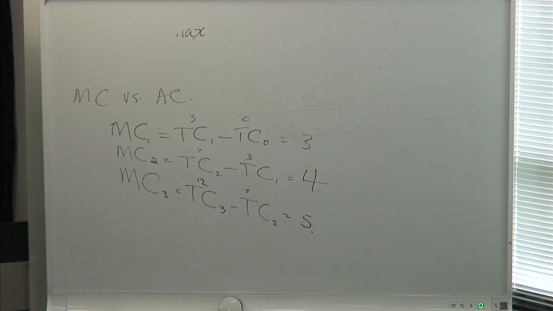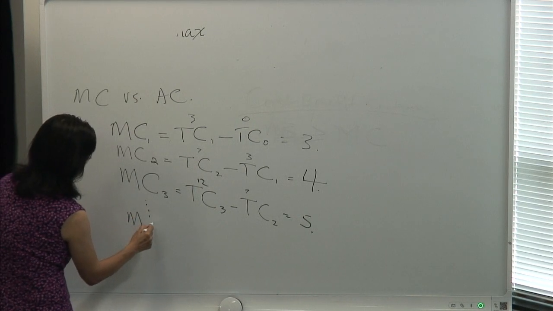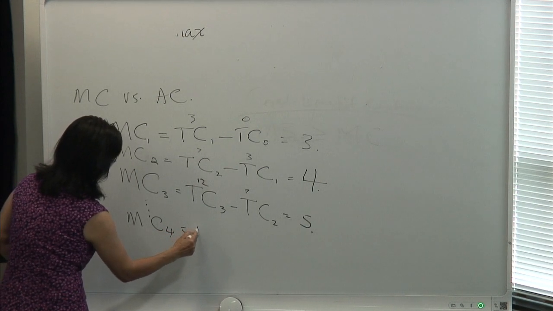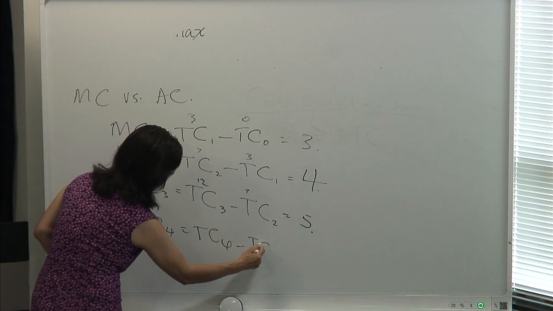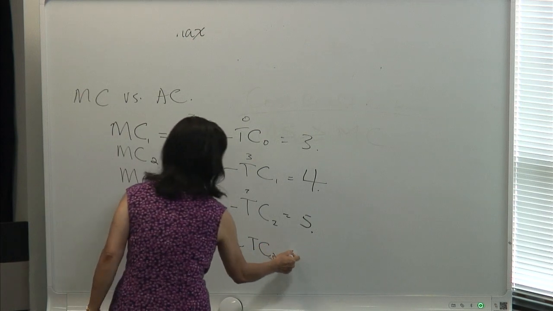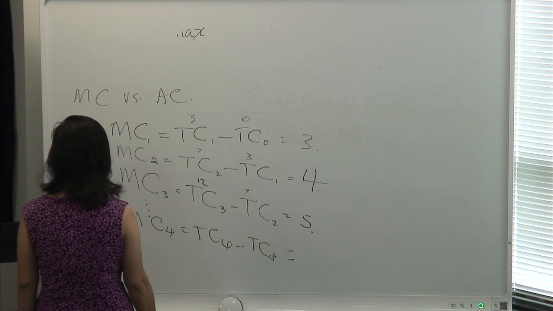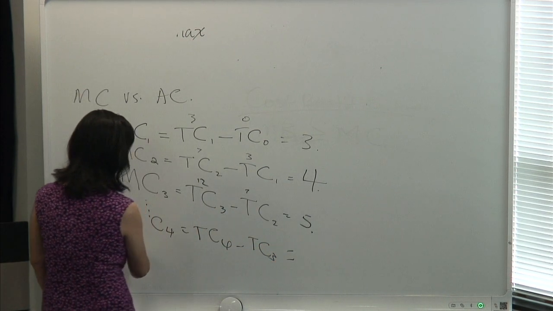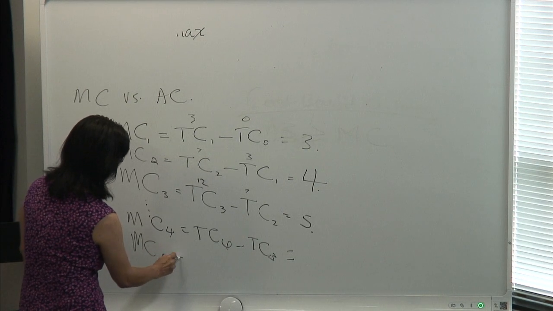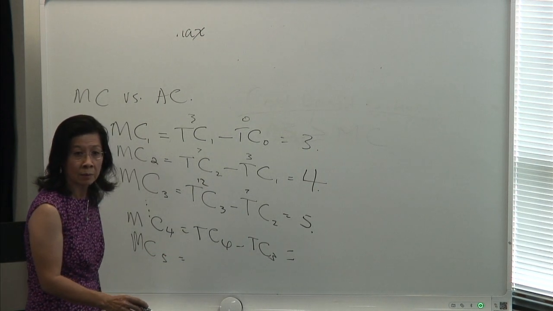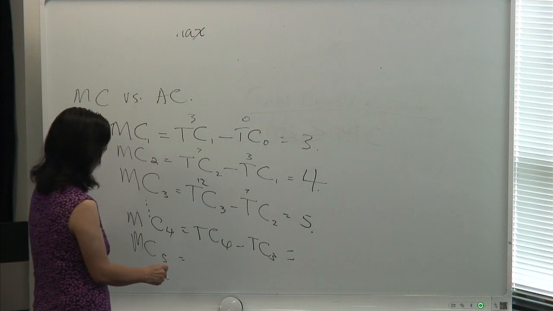What about the last one? 20. Oh, we might as well do it all. Okay, what's this number here? Somebody give me a number to fill in. Okay, volunteer? 32.